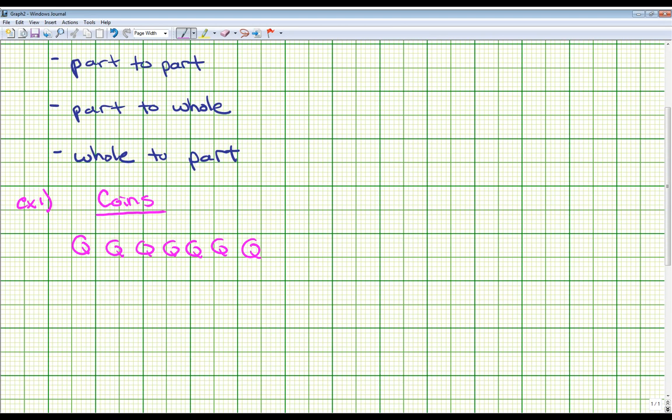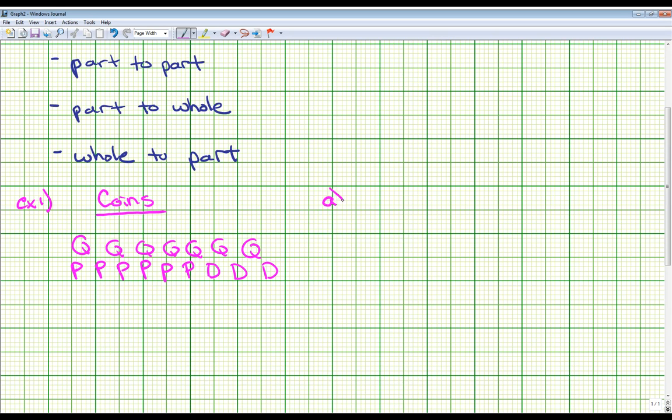Okay, next let's see how many pennies we have. 1, 2, 3, 4, 5, 6 it looks like. So maybe I'll use P's for pennies. And then we've got dimes, and it looks like there are 3 dimes. So that just makes it a little bit easier versus drawing the exact picture that we see.